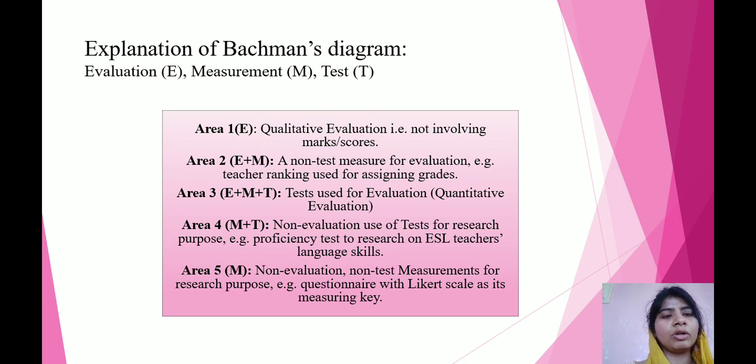So let's say out of 10, 2 give me strongly agree, and 8 give me strongly disagree. So it's a number. Based on that, I can formulate an opinion. I can analyze it, and based on that, I can do my research activities. So areas 1, 2, 3 have to do with the teaching learning process. Areas 4 and 5 deal with the research area.